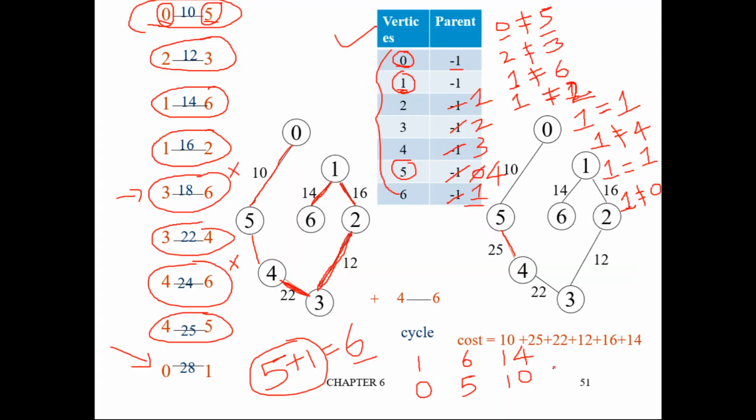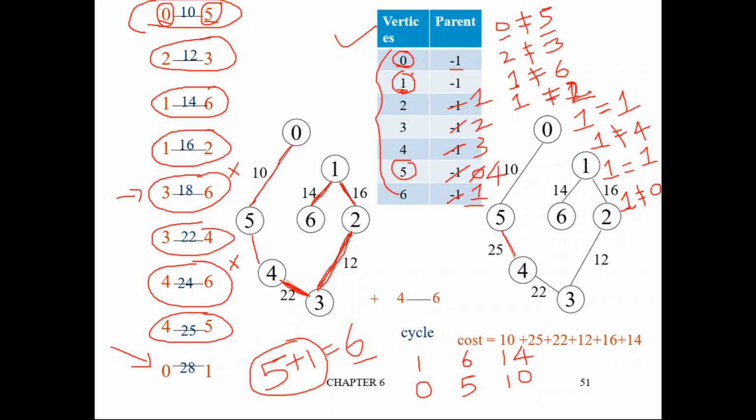Say for example here, if 0 and 5, initially parent of 0 is -1, so it will return 0, right? Or if you take this case, 3 comma 4, after updating, if you check parent of 3, it is 2, so we use that while loop. Then parent of 2 is 1.